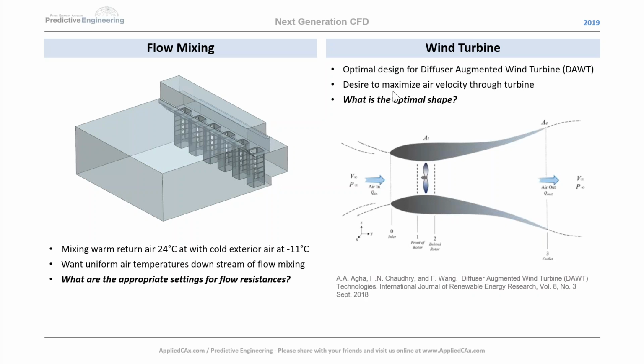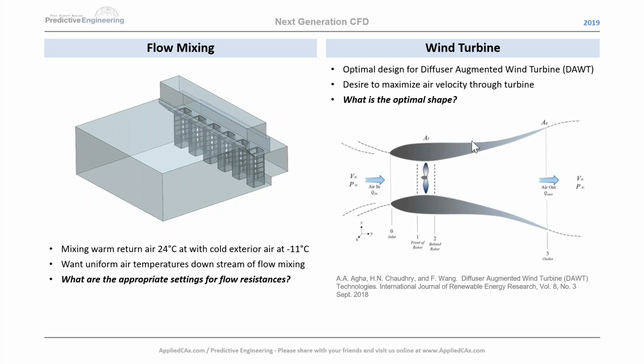Yep. And the second example is a wind turbine. This was something I was researching through literature, trying to put together something real quick that we could run an optimization study on, and I came up with this design that was real interesting. This is for harvesting wind energy, and basically they're putting these cowlings around the turbine blades themselves.